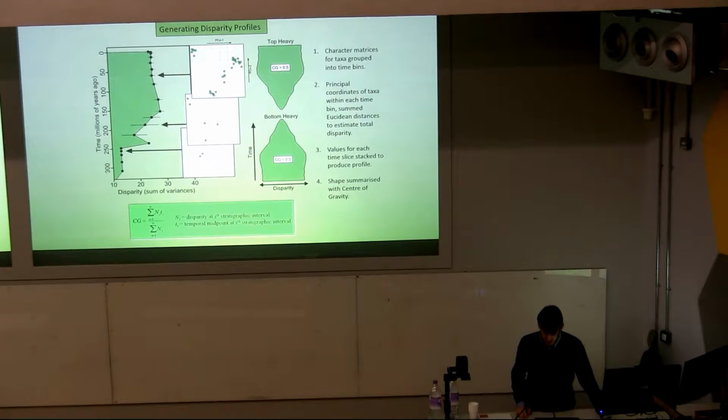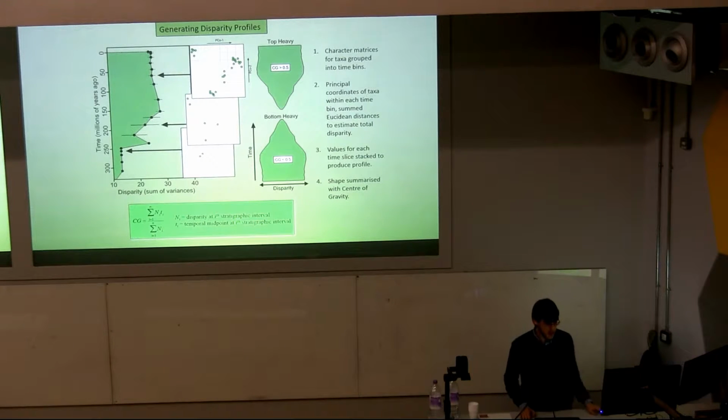And you don't run into some of the problems about identifying homologous landmarks that you have with morphometric approaches.